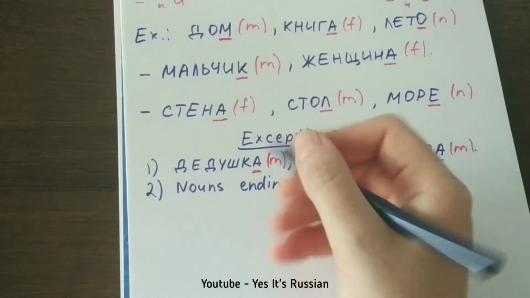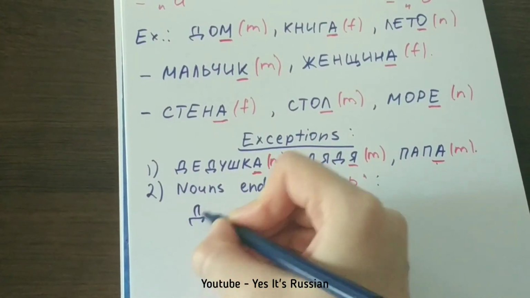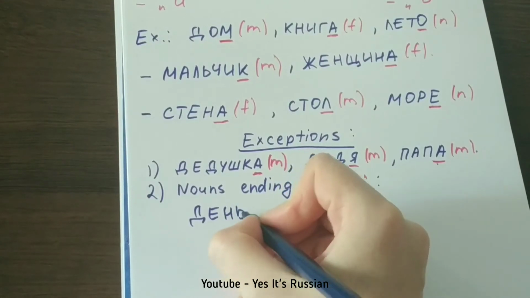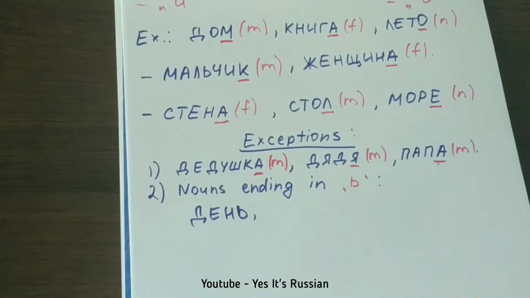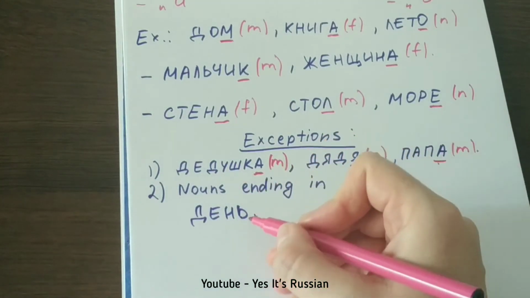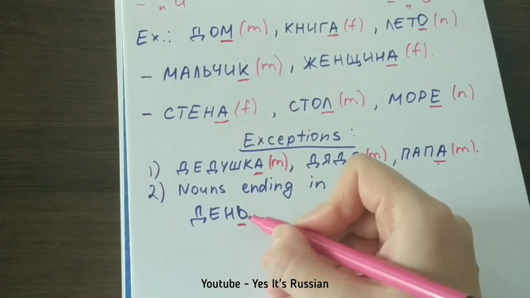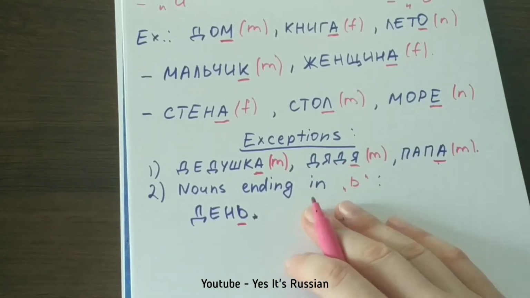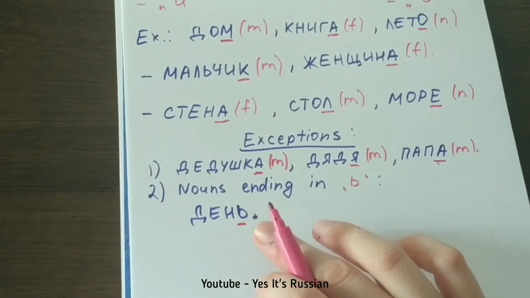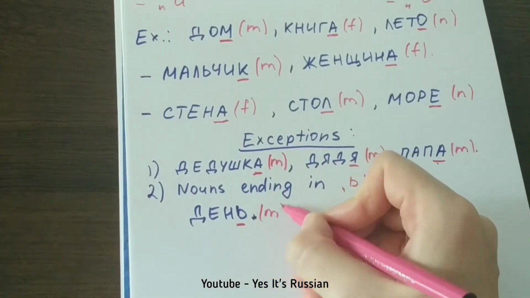For example, this one: день. The meaning of this noun is day, and it is ending in the soft sign. If you look in the dictionary, this noun is of a masculine gender.